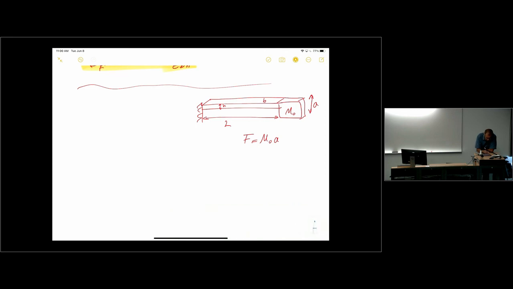So I go back and see that epsilon max at this location, right? So over here, this is epsilon, is 6FL over BH.